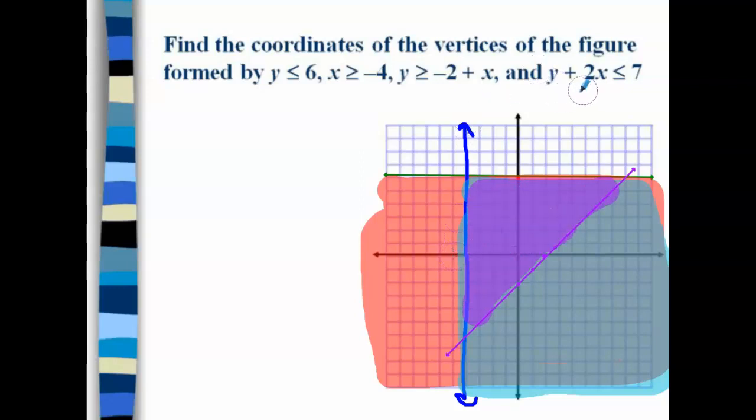And then last we have y plus 2x is less than 7. So we'd have to subtract over that 2x to get this in y equals mx plus b form. So we'd have y is less than or equal to negative 2x plus 7. So plus 7 is my y-intercept. And then it's going down 2 and over 1.